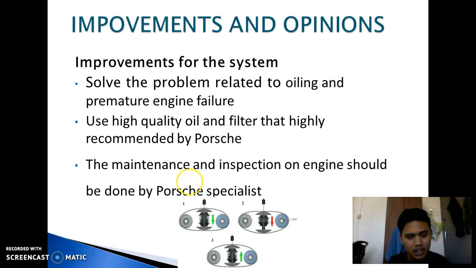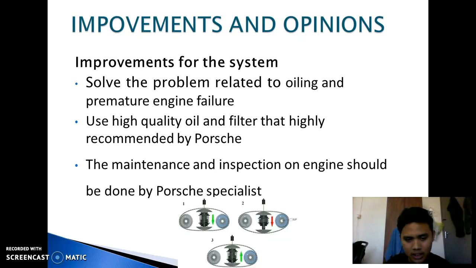Porsche can take action on. So lastly, for maintenance and inspection, the user itself should go to a Porsche specialist, because Porsche specialists can do the proper inspection and maintenance on their car.